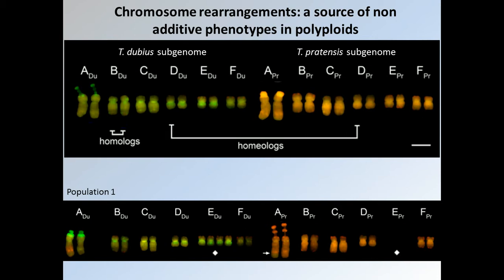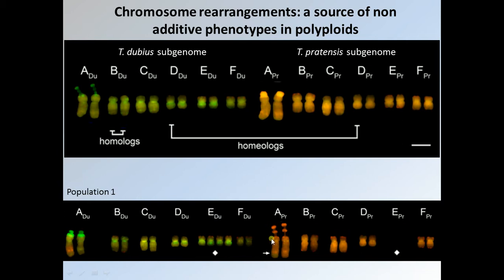Now, let's go back to the Trichopogon example. So remember, you have these 2 different species that lead to allotetraploid Trichopogon species. This is a karyotype of the 2 species, and this is, for example, the karyotype of one of the allotetraploids. As you probably remember, there is a case of compensated aneuploidy, which means that in one chromosome of one subgenome you have, for example, 4 copies here, but in the other subgenome you have no copy at all, which means overall you have 4 copies of this chromosome, but only coming from one subgenome.